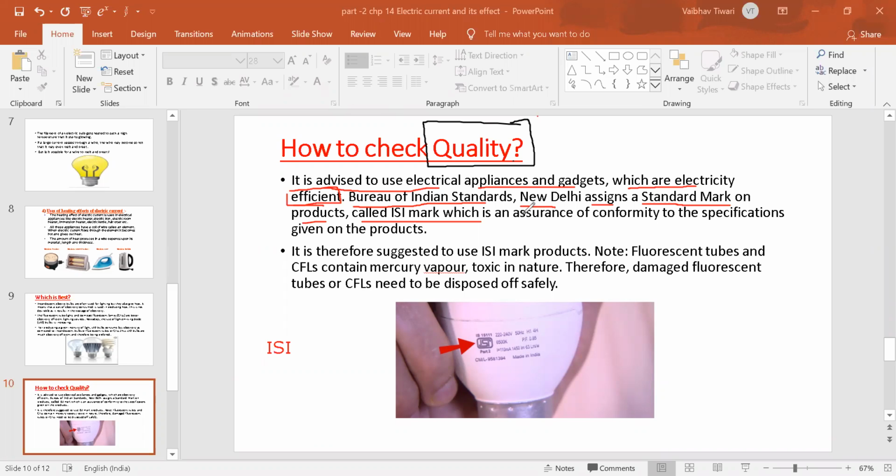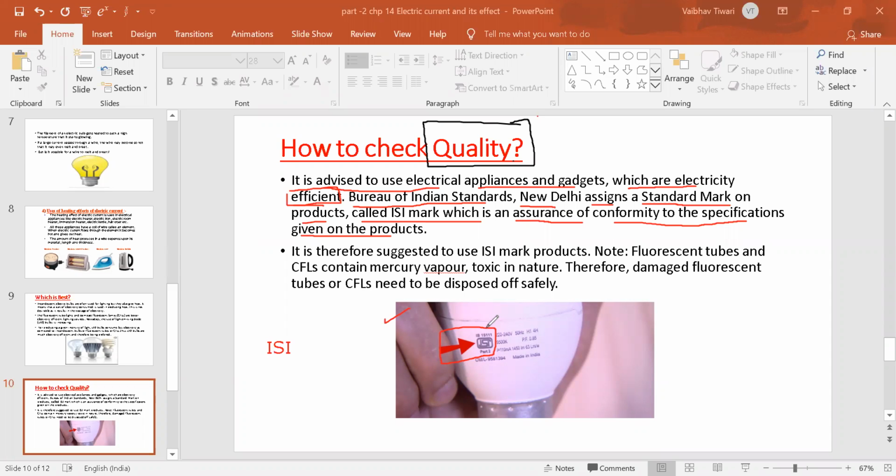This ISI mark gives us an assurance of conformity of the specification given on the products. What does it mean? See here in this figure, can you see an ISI mark over here?